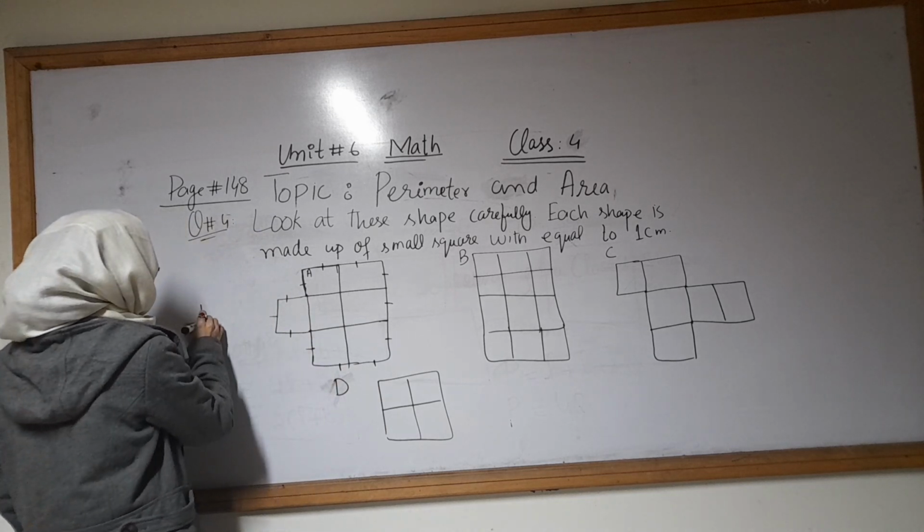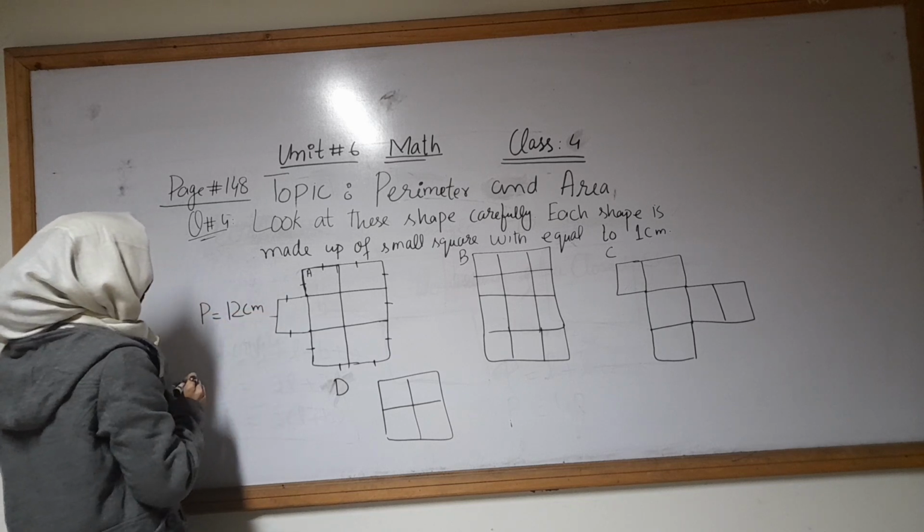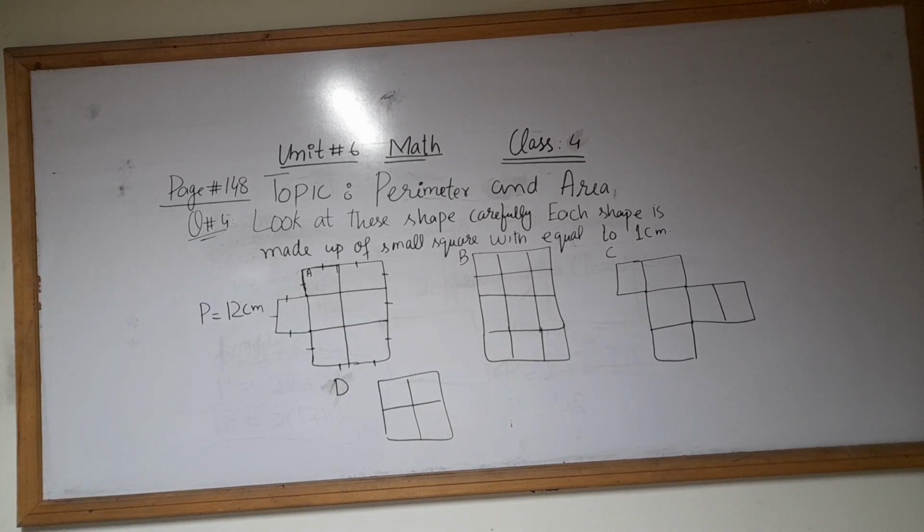So the perimeter of this shape A is 12 centimeters. Because perimeter is the boundary of the closed shape, that is why we add only the boundary.